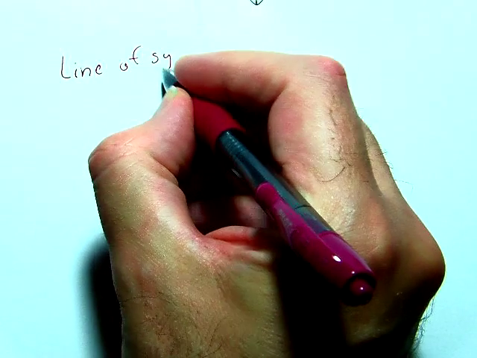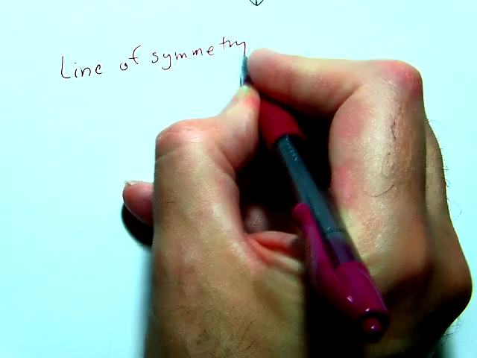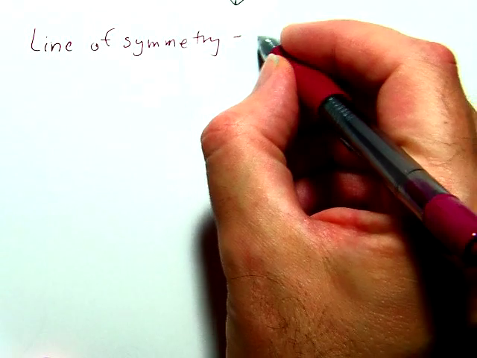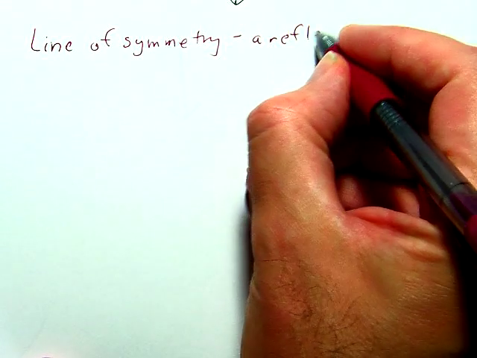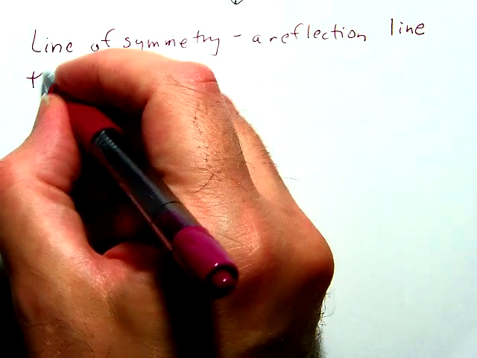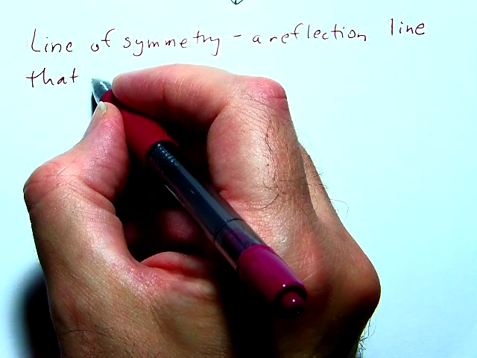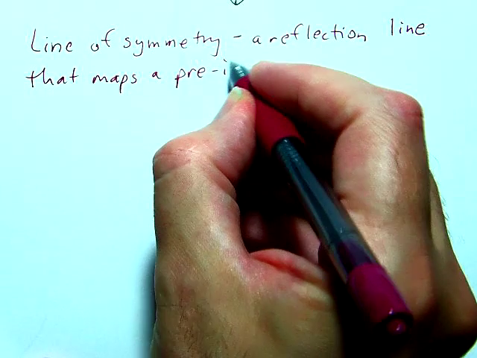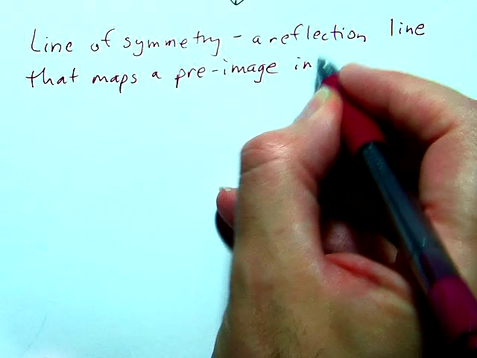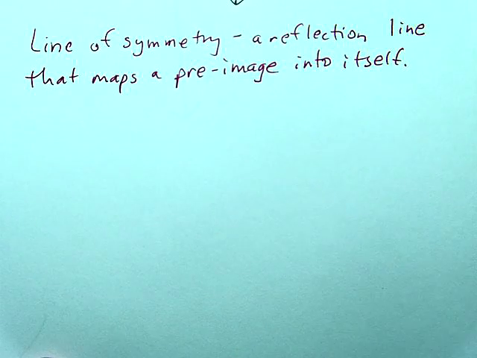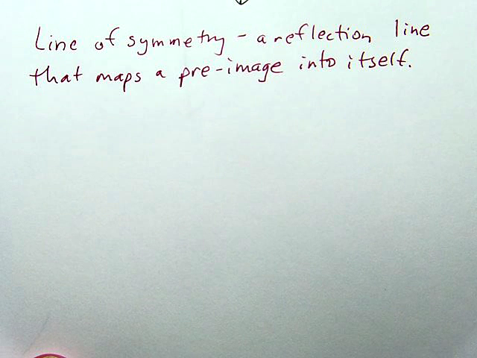A line of symmetry is defined as a reflection line that maps a pre-image into itself. Okay, a line of symmetry is a reflection line that maps a pre-image into itself.